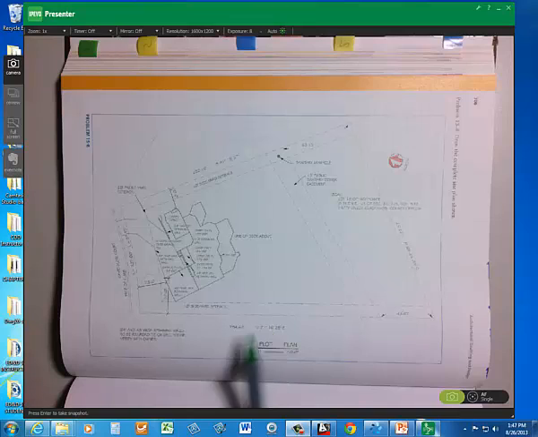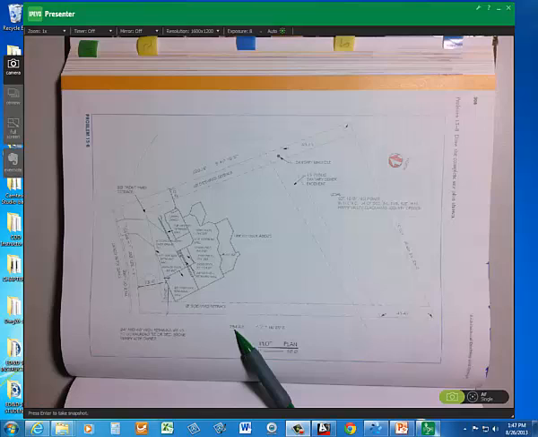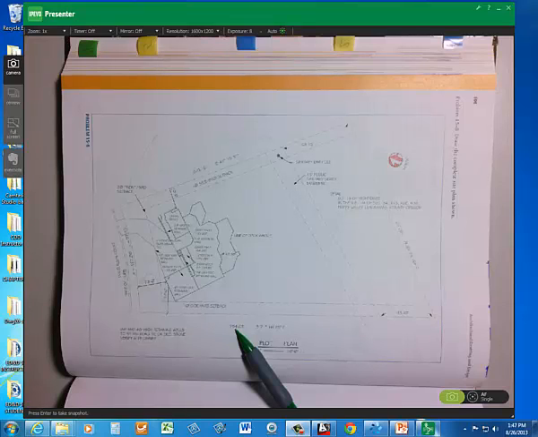Okay? When you compare the two drawings, there's a discrepancy between this distance and the distance on the other plot plan. So you use the smaller distance, that should work.